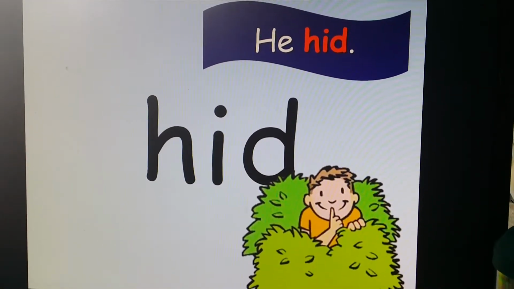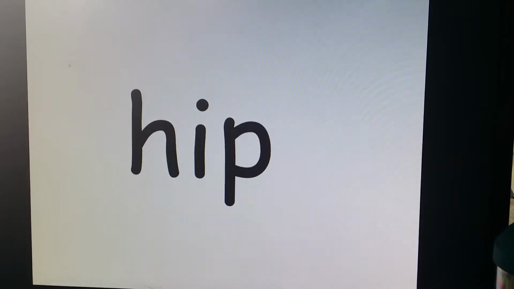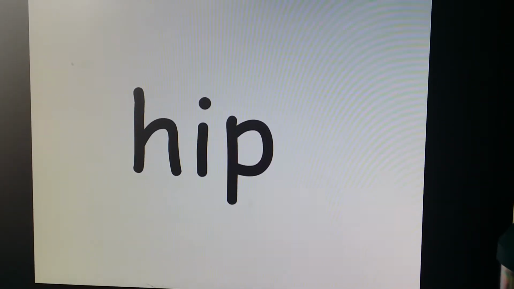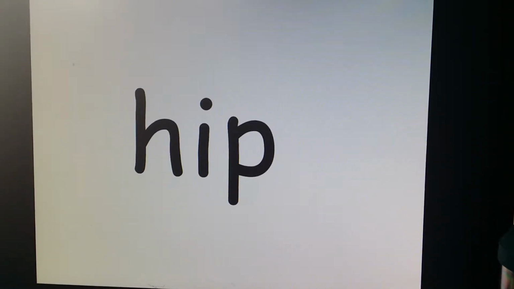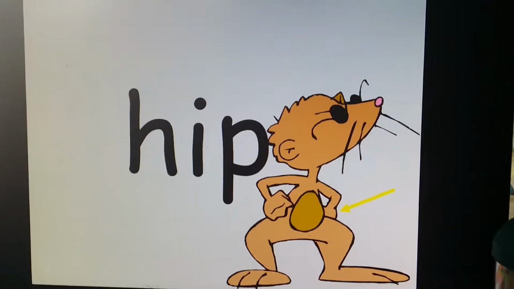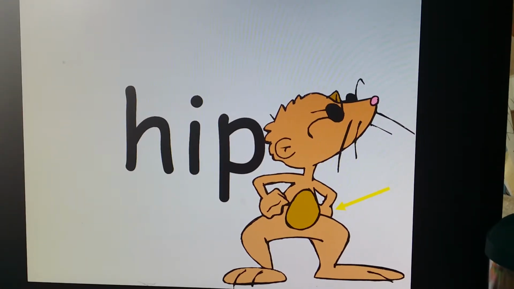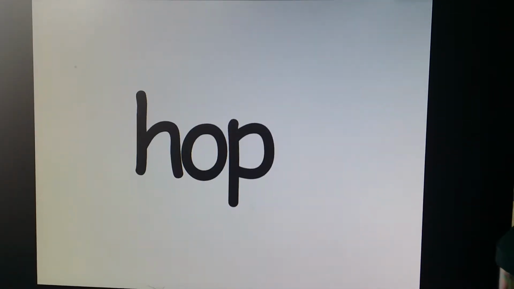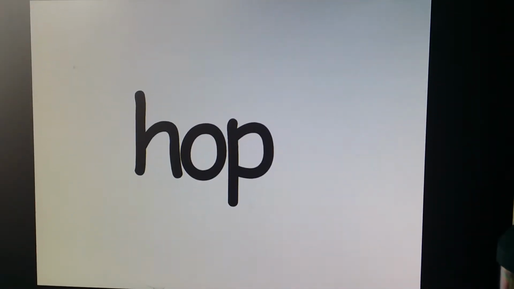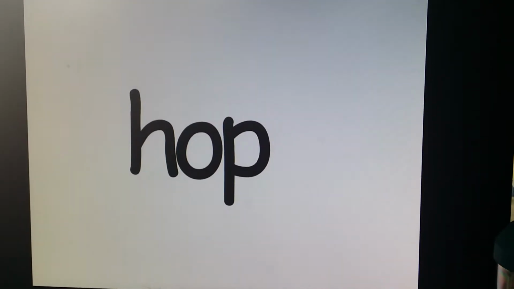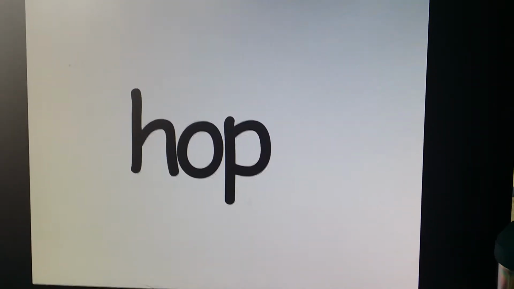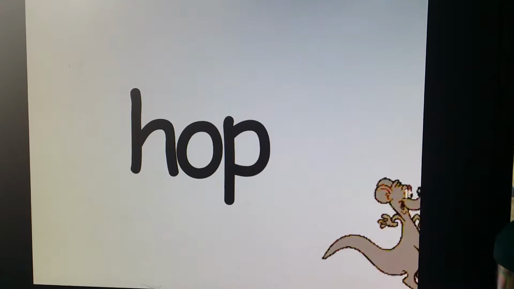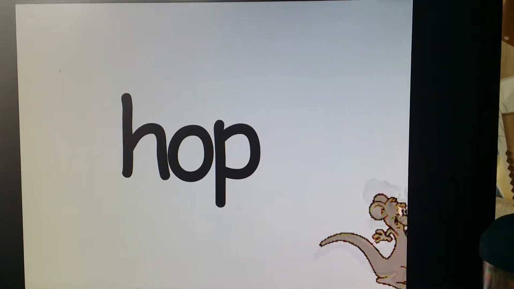He hid. Good. All right. Hip. He's got his hands on his hip. All right. Now what vowel sound is that going to be? Ah. Hop. Our little kangaroo's going to hop.